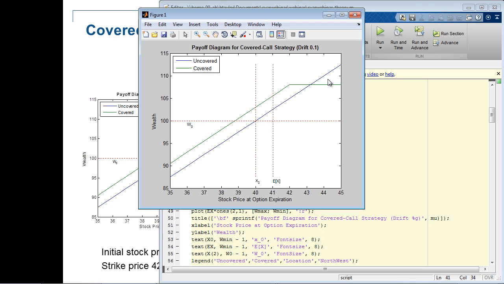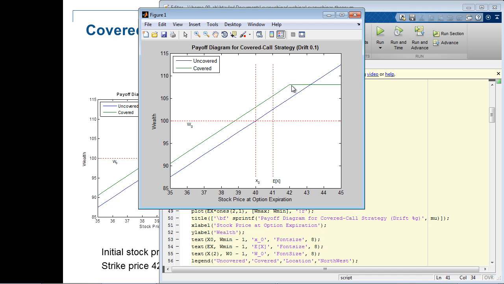And if the price goes up, your wealth goes up proportionally. If the price goes down, your wealth goes down proportionally. If you write a call to cover the position, you get an additional premium because of selling that call. And if the price goes up, it moves along with the price of the stock.